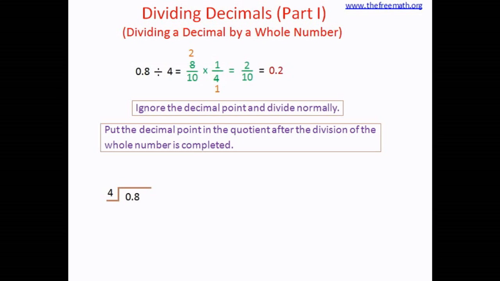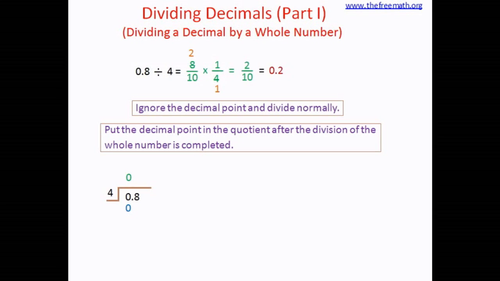So when we divide 0.8 by 4, we start dividing normally. So we say that 4 zeros are 0, and now the next number we divide is 8. But 8 is after the decimal point. So what do we do?